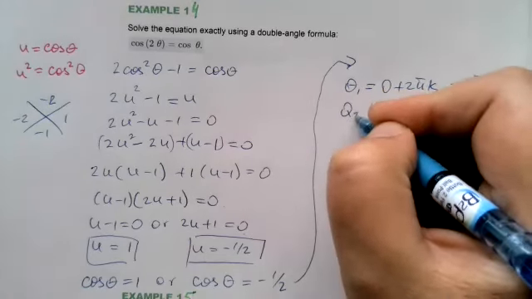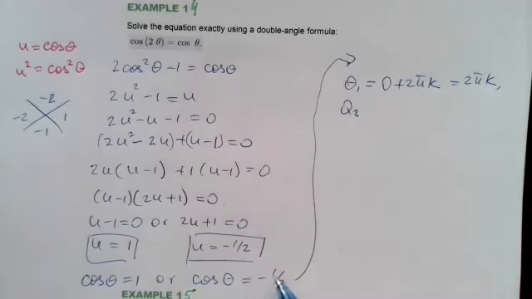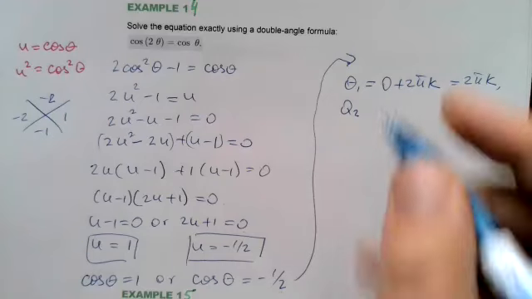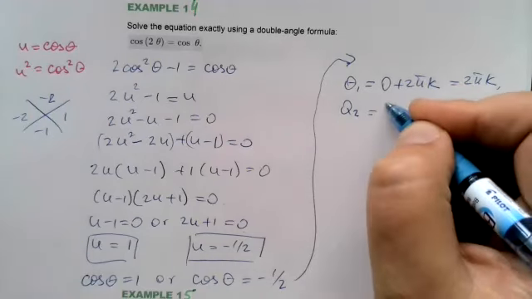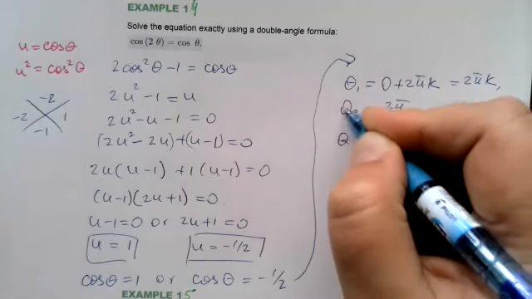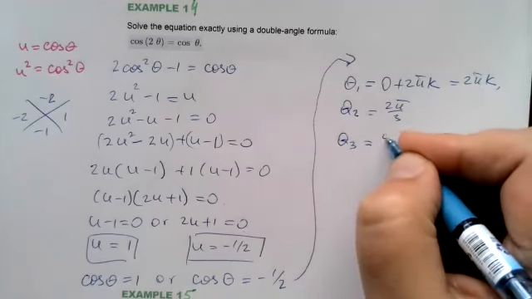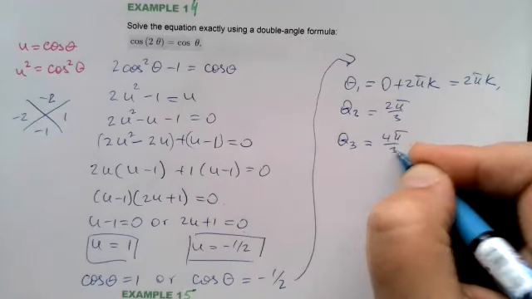And for the second one, where cosine equals -1/2, that happens in two places on the circle. It's 2 pi over 3 and, this is not q, this is theta, 4 pi over 3.